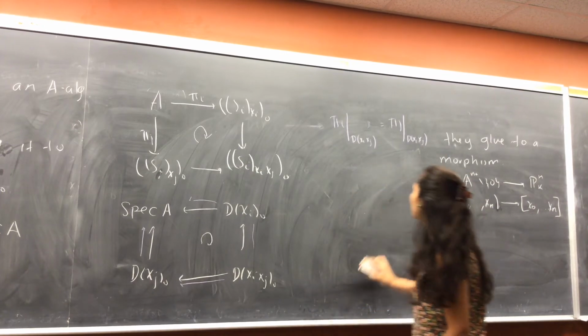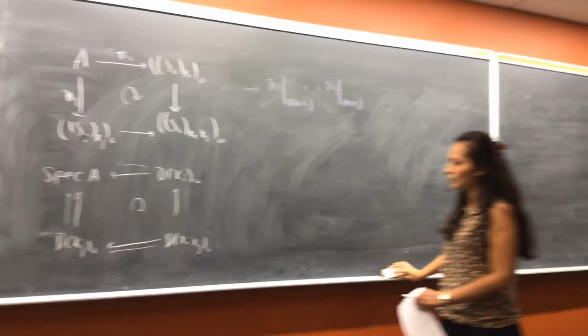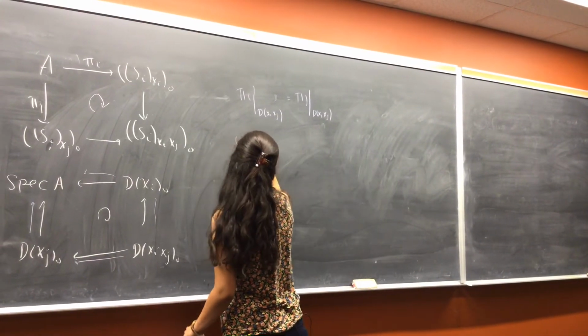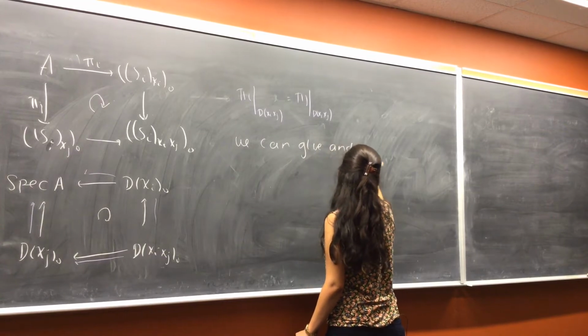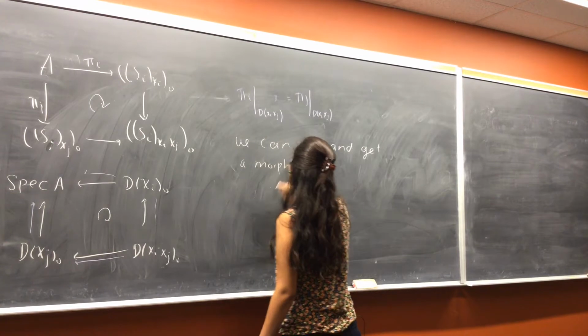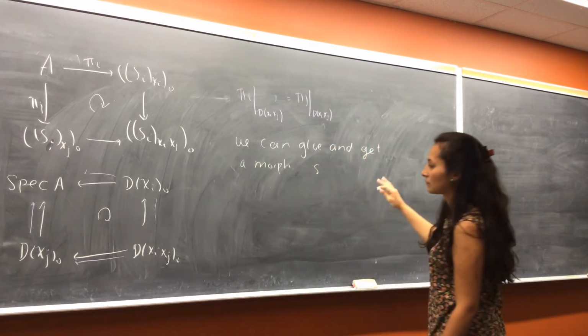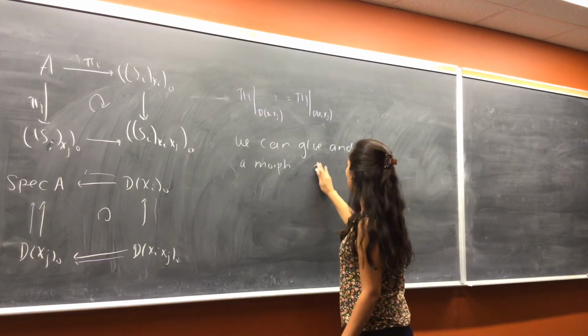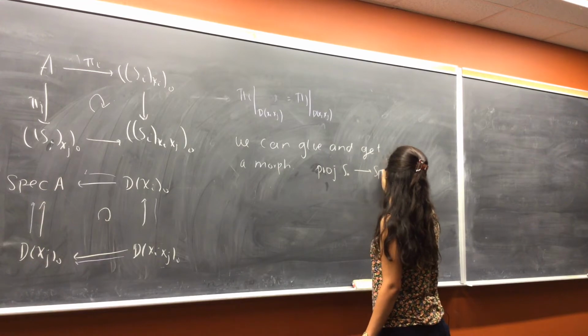So they agree on overlaps. So you can glue them and get a morphism from Proj S to Spec A.